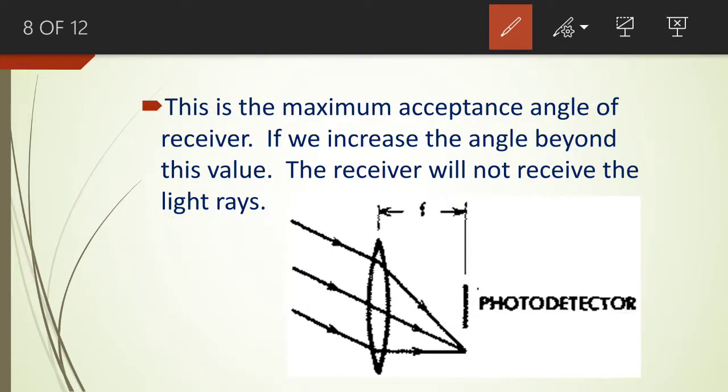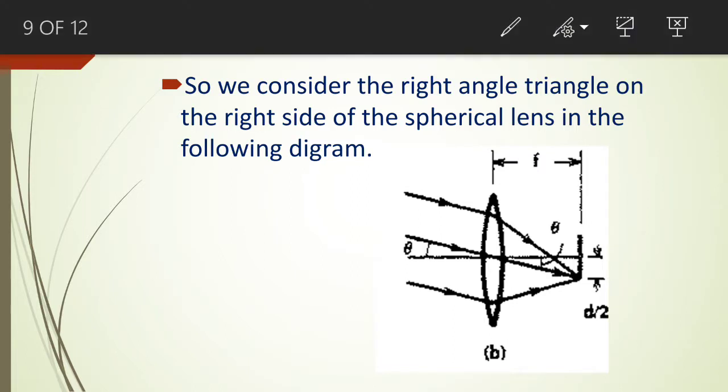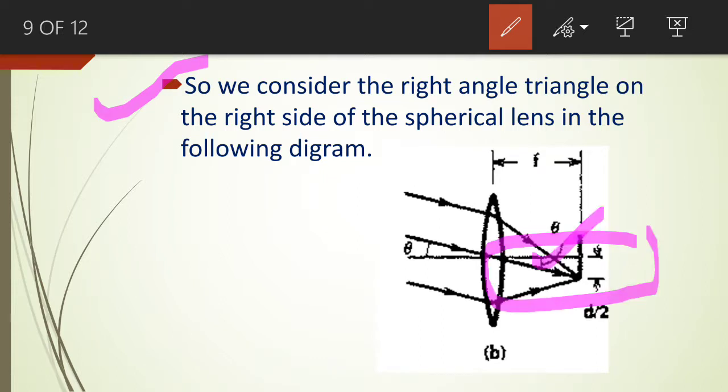So what we do, we consider this diagram once again. We consider the right angle triangle on the right side of the spherical lens in this diagram. Let me draw the triangle over here.